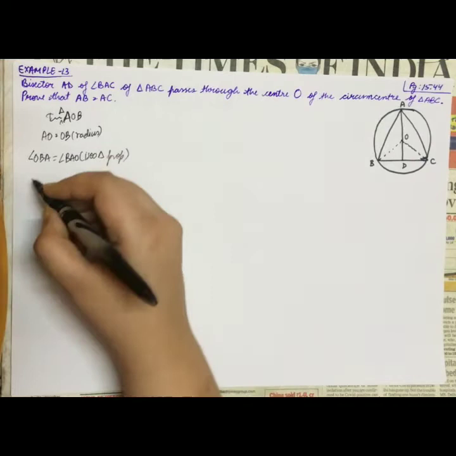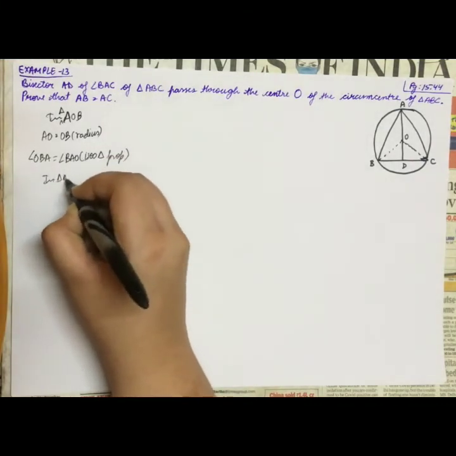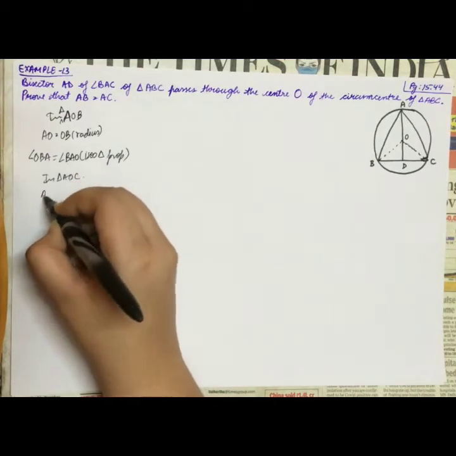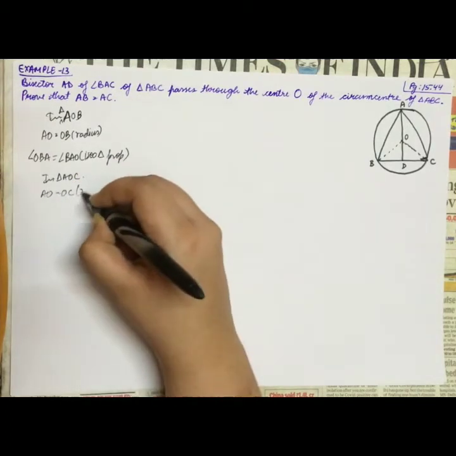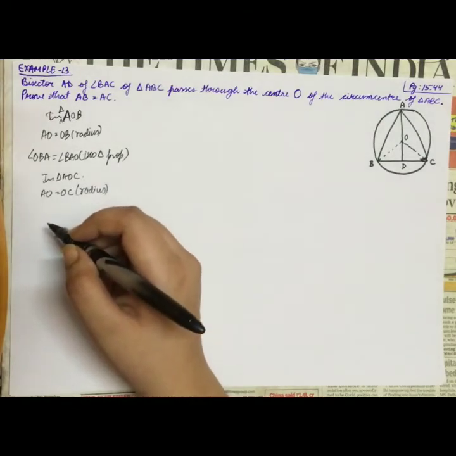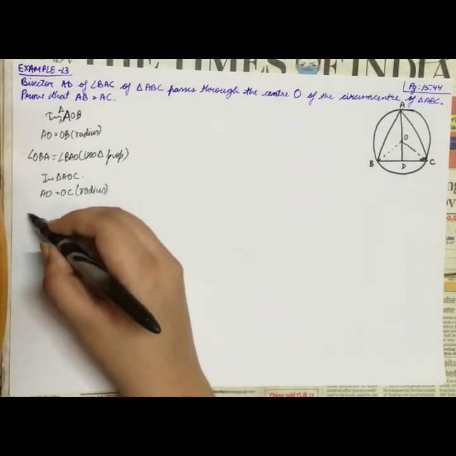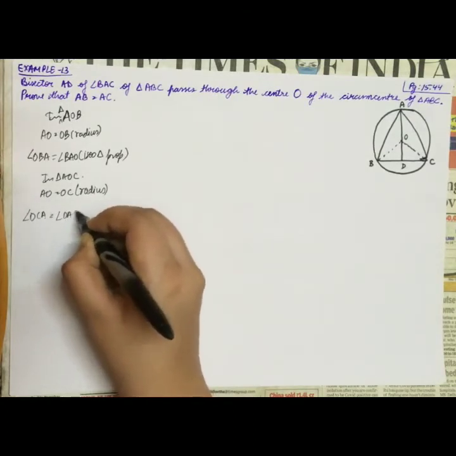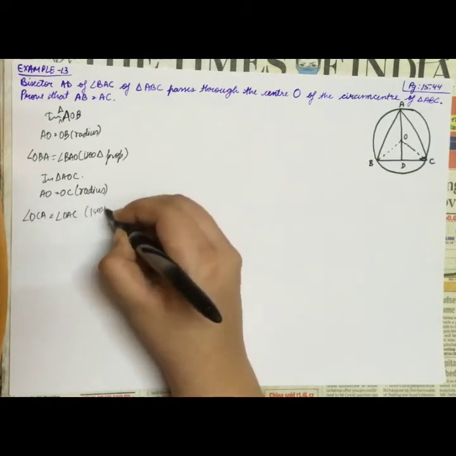Similarly, in triangle AOC, AO is equal to OC, for the same reason that they are radii of the circle, and now their opposite angles will also be equal, that is angle OCA is equal to angle OAC because of the isosceles triangle property.